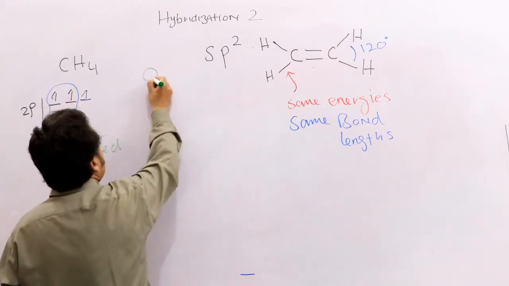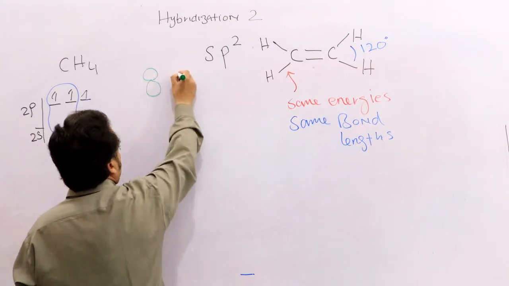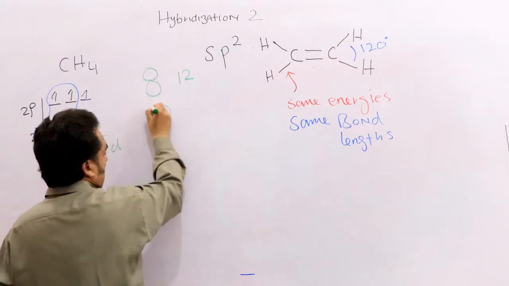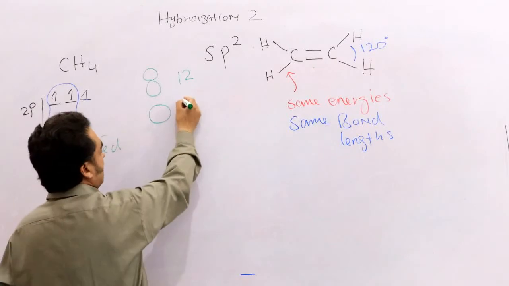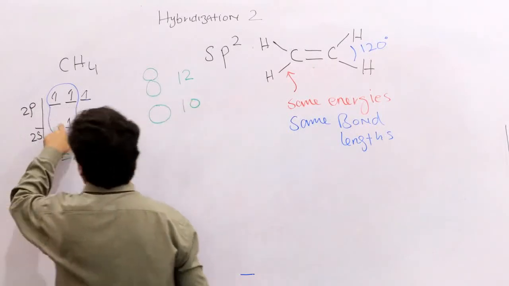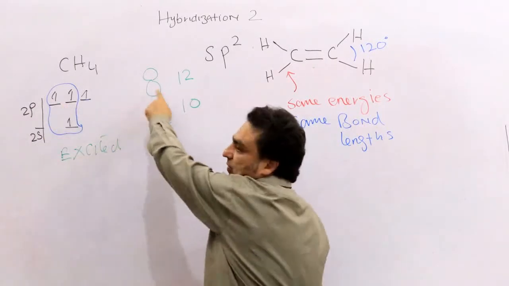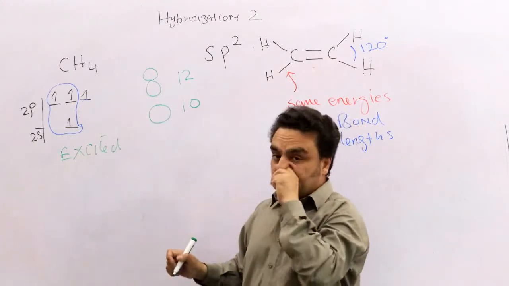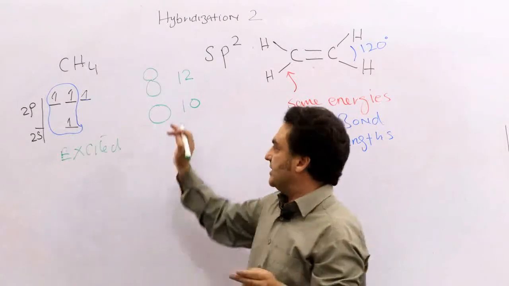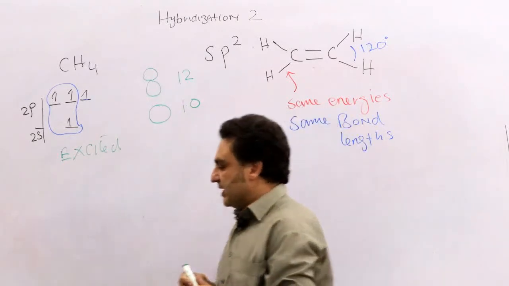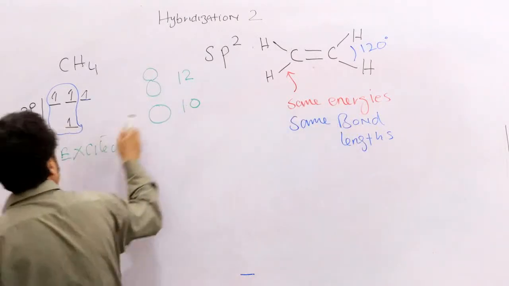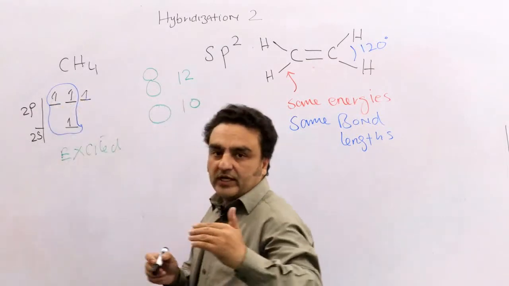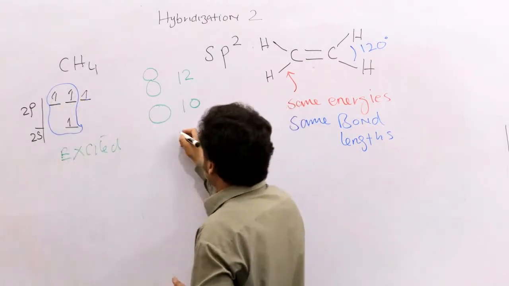Suppose a 2p orbital has an energy of 12 and the 2s orbital has an energy of 10. There are two p orbitals, 1 and 2, and one 2s orbital which has an energy of 10. They all mix together. So three things mix together, and what will be their energies?